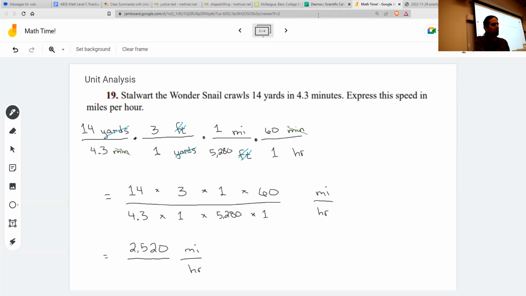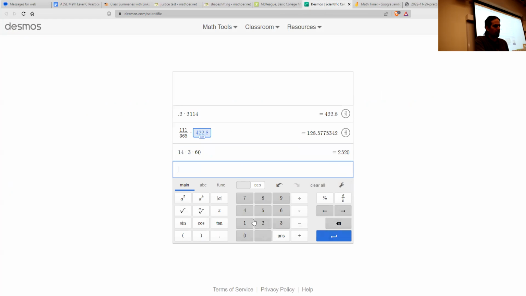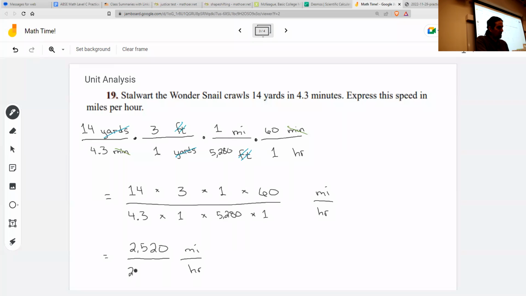4.3 times 5,280 is 22,704. Now this looks like garbage. It's actually true, but useless. At the same rate, if I wanted to go more than 2,000 miles, it would take me more than 22,000 hours. But that's silly. I'm not wanting that.